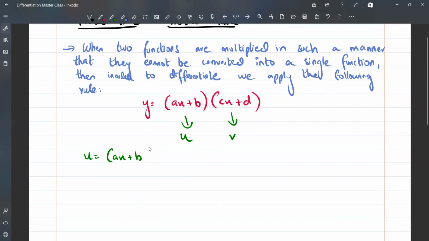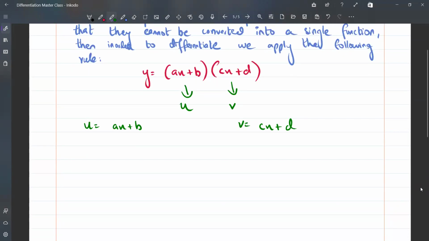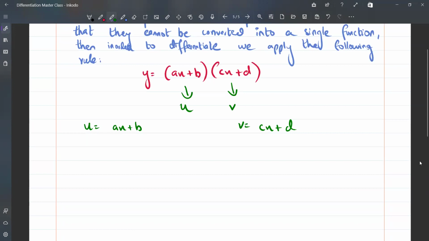The brackets don't matter, by the way. And v is cx plus d. Now what we will do, we will differentiate both functions separately. So u dash would be a and v dash would be c.